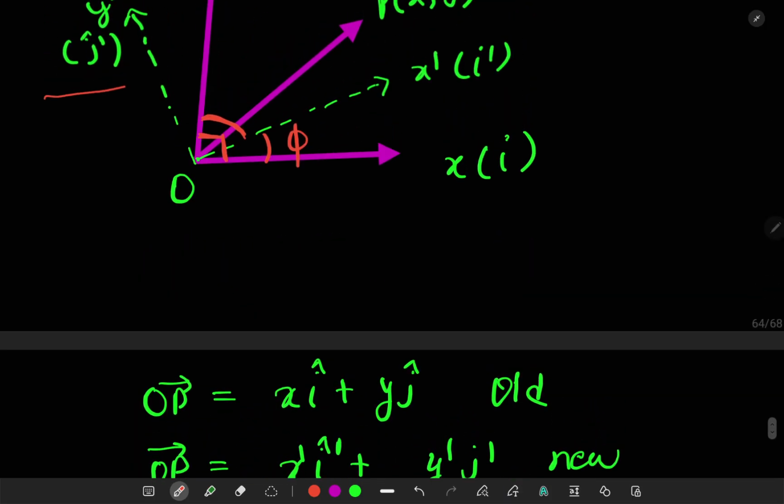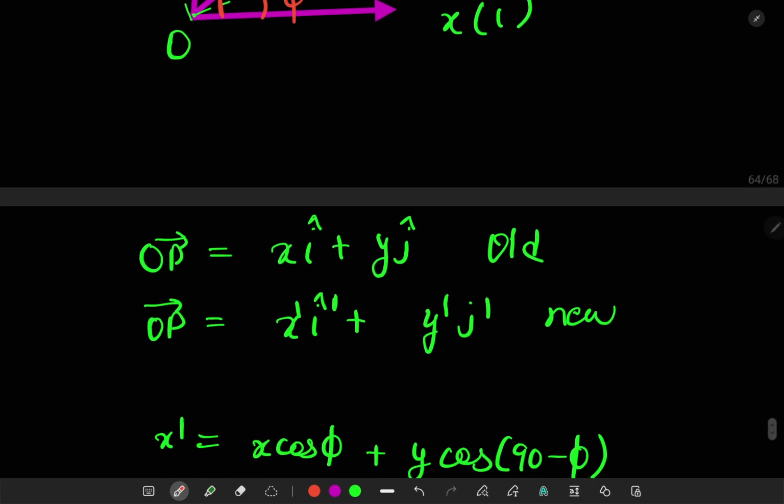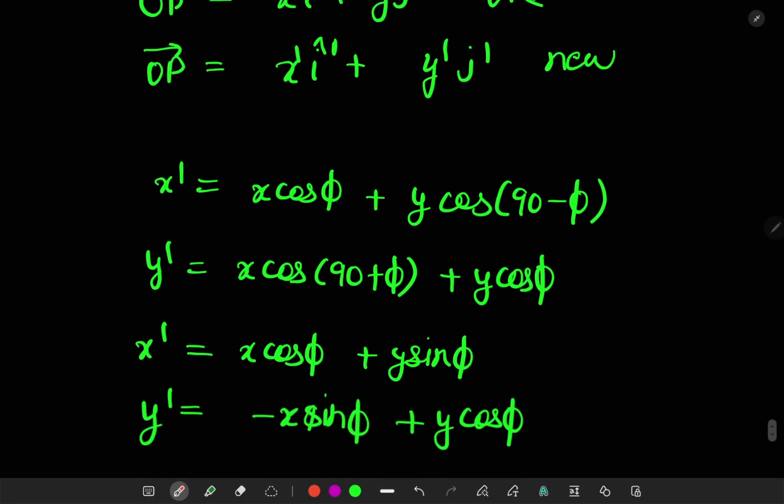Now position vector OP, we can write xi plus yj for the old coordinates. Now for the new coordinates, OP vector is equal to x dash i dash plus y dash j dash. This is a new vector.